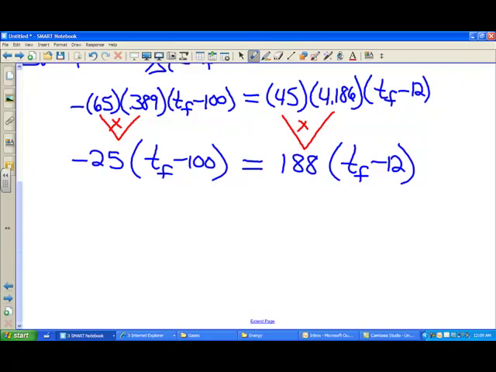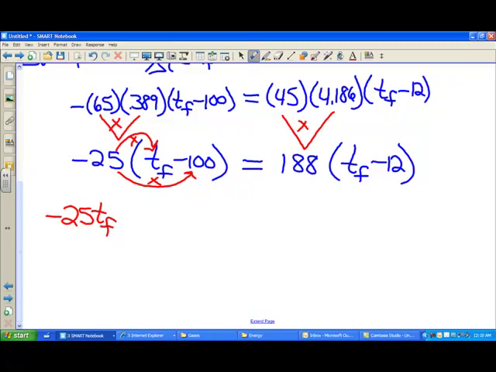Now what we need to do is distribute. So I'm going to take this 25 times TF. So that's minus 25 TF. Now I have to take the 25 times minus 100. And you've got to pay attention.